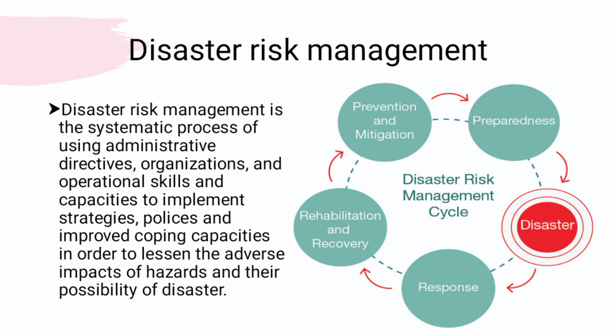So, disaster risk management is a systematic process of using administrative directives, organizations, and operational skills and capacities to implement strategies, policies, and improved coping capacities in order to lessen the adverse impacts of hazards and the possibility of disaster.